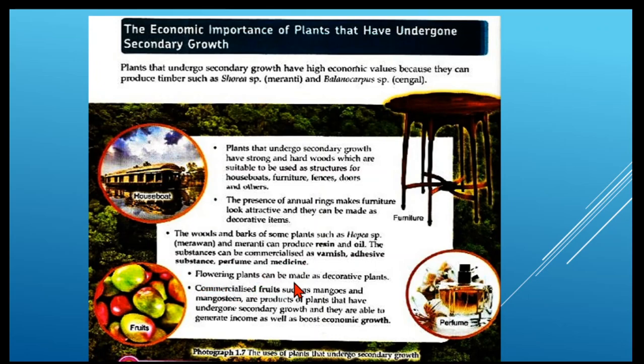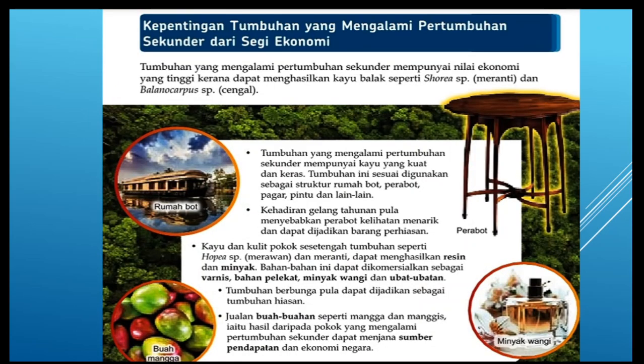Flowering plants can be made as decorative plants. Commercialized fruits such as mangoes and mangosteen are products of plants that have undergone secondary growth, and they are able to generate income as well as boost economic growth. Okay, so itu tumbuhan yang mengalami secondary growth juga menyumbang kepada ekonomi.